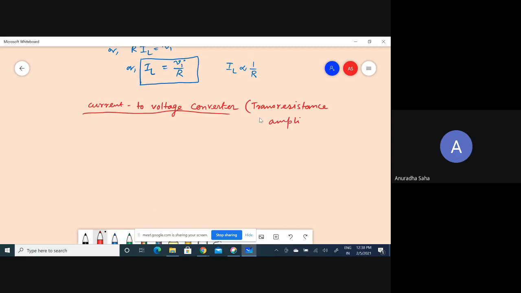So if you follow this trend, obviously the output voltage must be proportional to the resistance. That we must observe to justify this name, that it is called trans resistance amplifier. So we will obviously see that.